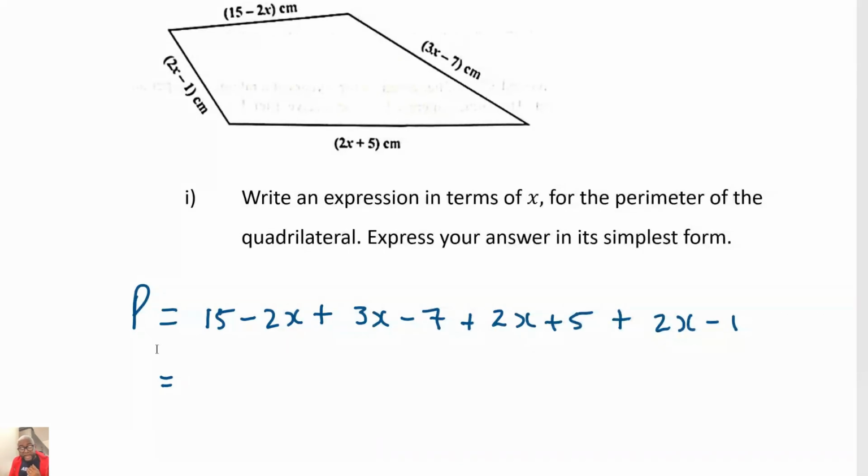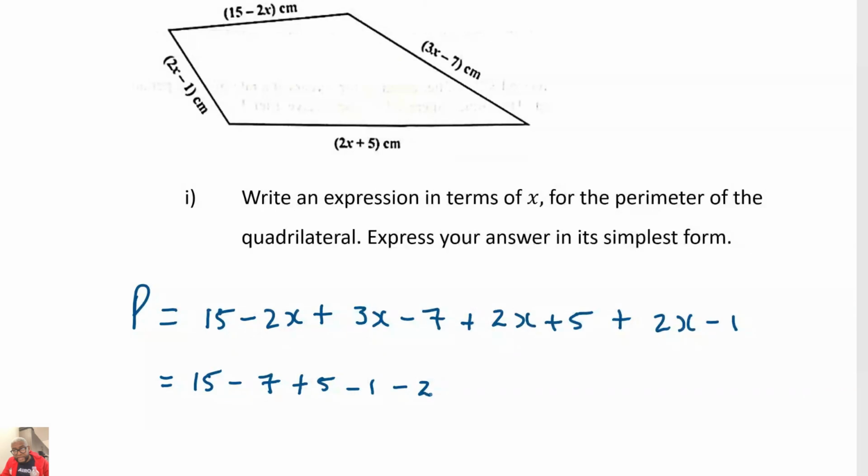We can only add or subtract what type of terms? So let me do the numbers: 15 minus 7, plus 5, then minus 1. Those are the numbers. Now let's deal with the x's.